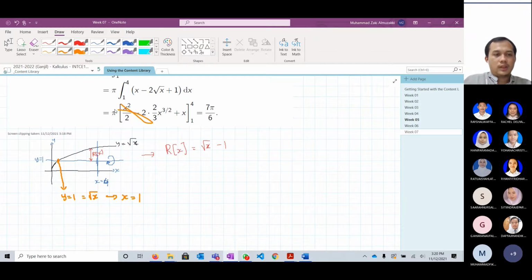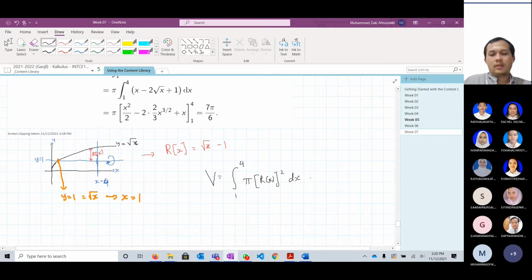So the integration becomes like this. So the volume is the integral from 1 to 4 of pi r of x squared, which is the integral from 1 to 4 of pi times (square root of x minus 1) squared dx.